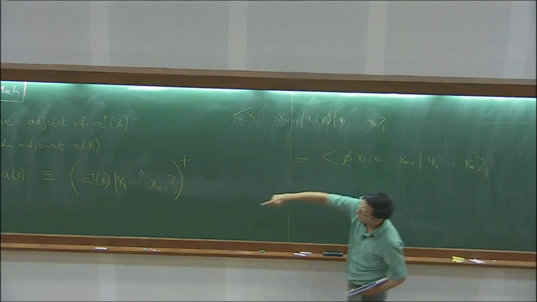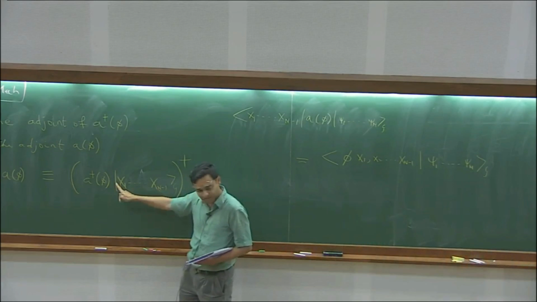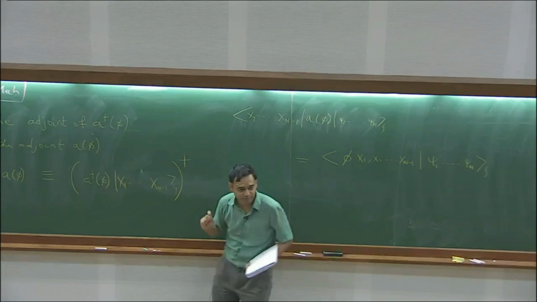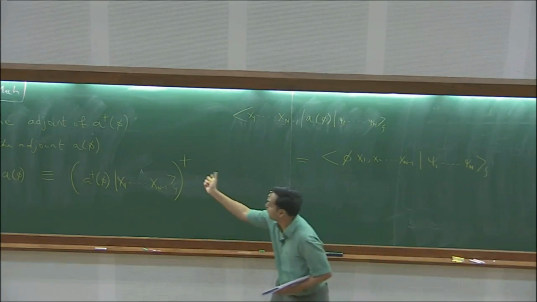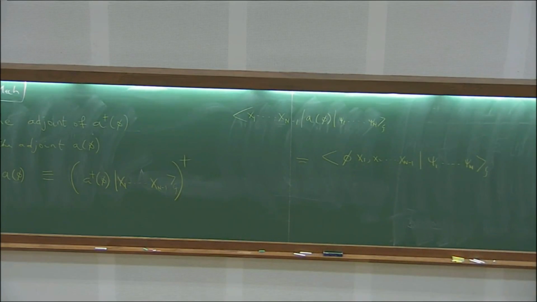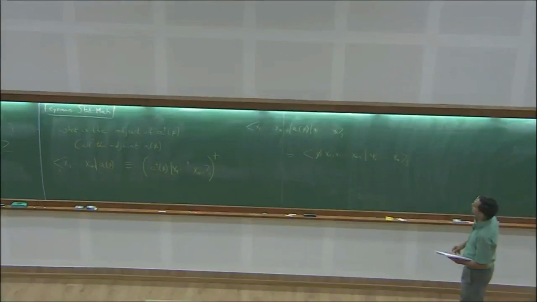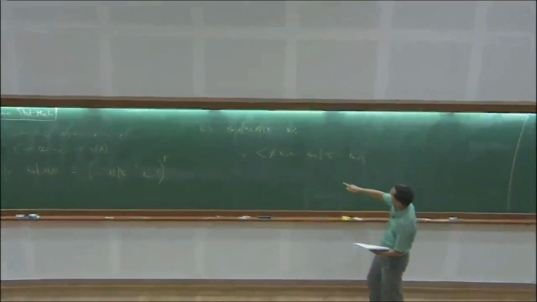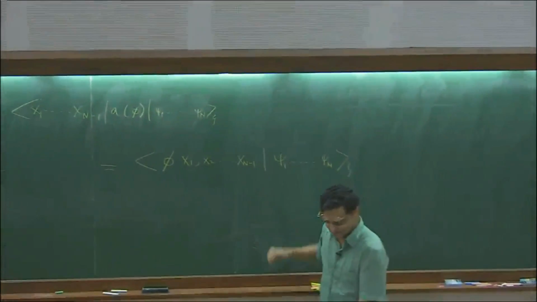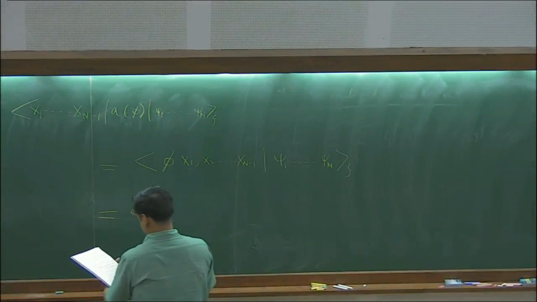I got it from the action of A dagger phi on this state, which by definition gives me an extra particle in an orbital phi, and then x1. Right? And I just took the adjoint of it. Now, use the formula for each of these states and notice that I can write this in the following way.